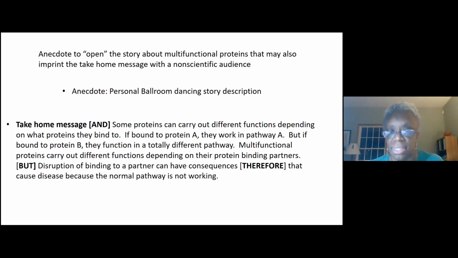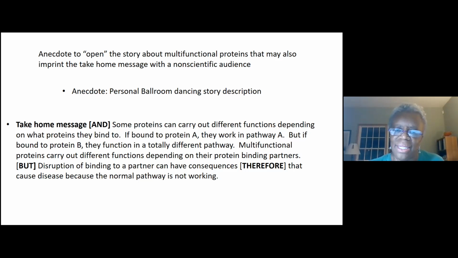I can do the tango, right? So multifunctional proteins carry out different functions depending on their binding partners. But this is key: if we disrupt the binding of a partner, that can have consequences. Therefore, remember the ABT here. Disease can be caused when normal pathways are not working.